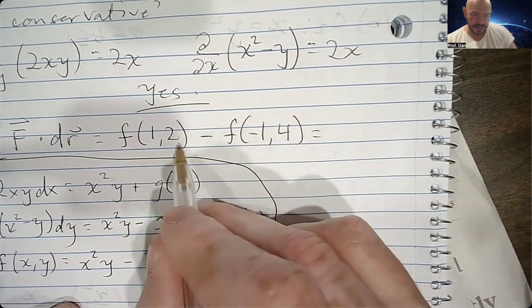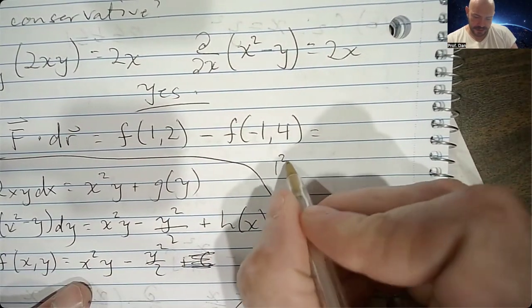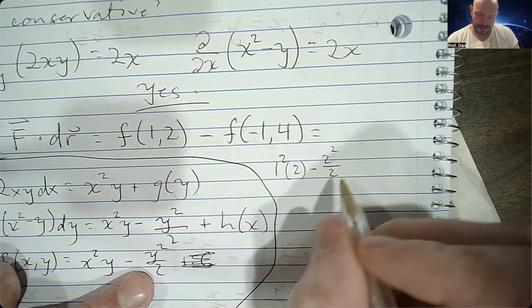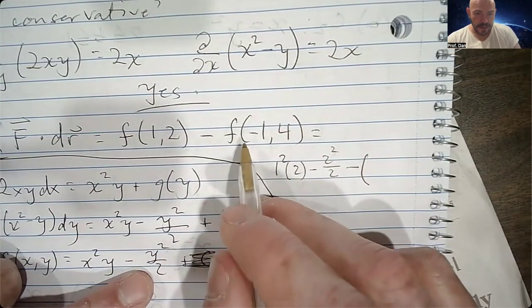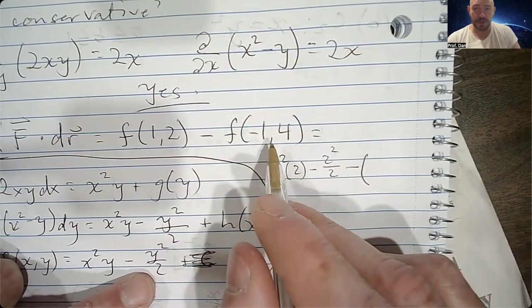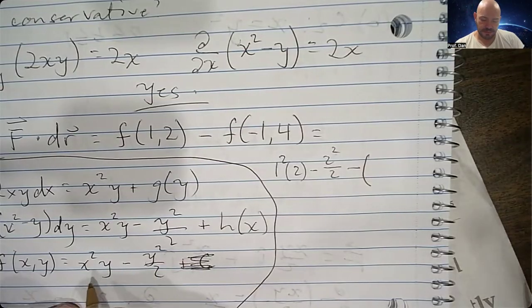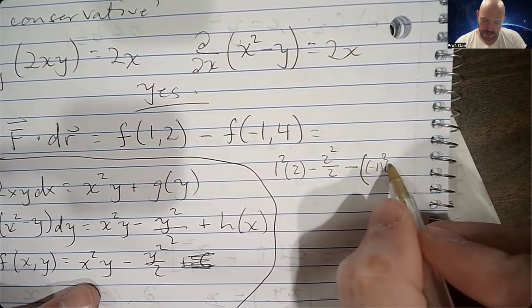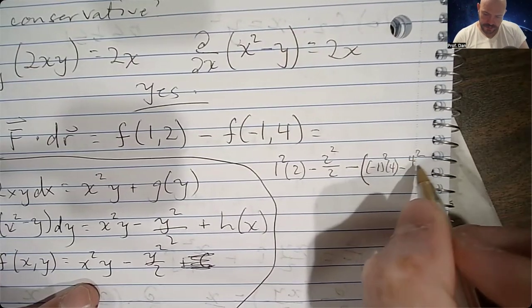So if I plug in my final point, 1, 2, I get 1 squared times 2 minus 2 squared over 2. From that, I'm going to subtract, and here the parenthesis is important, f of negative 1, 4. So that's going to be negative 1 squared times 4 minus 4 squared over 2.